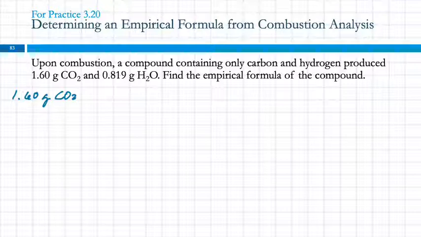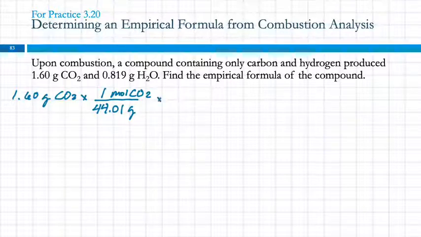So we learned how to do this, find the mass of an element when we have the mass of the compound. So we need to convert this to moles. And so in the bottom is grams of CO2. So the mass of carbon, 12.01, plus 2 times the mass of oxygen gives us 44.01 as the molar mass for carbon dioxide.